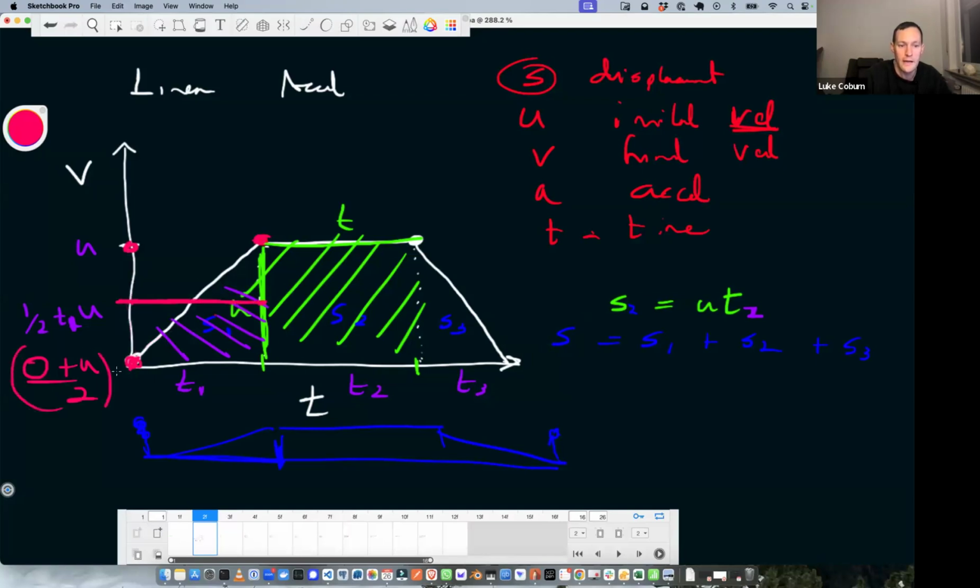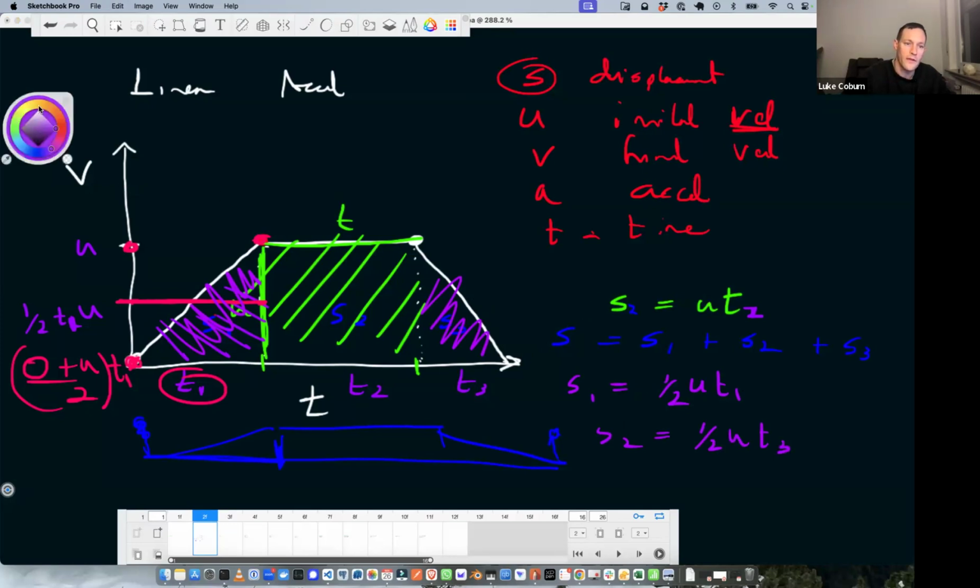And that times the T1 would give us the area of that box there, which ends up being the same as that area there. So that's why we can say that S1 is equal to a half times U times T1. And in the same way, this one here, S2, is equal to a half times U times T3.